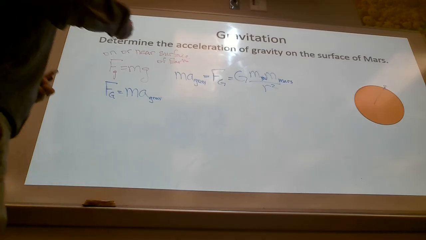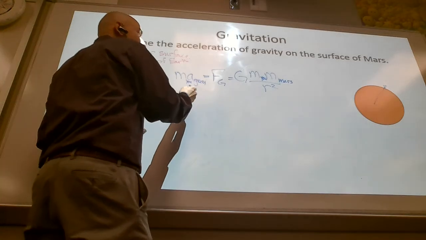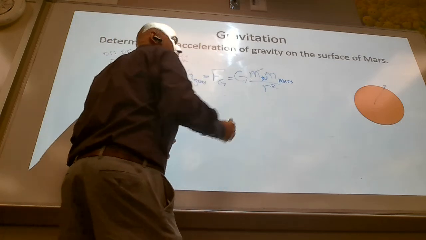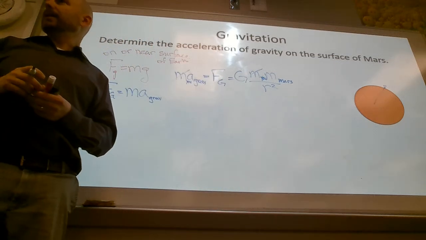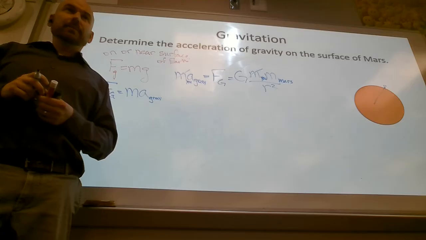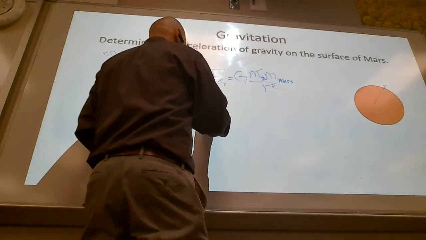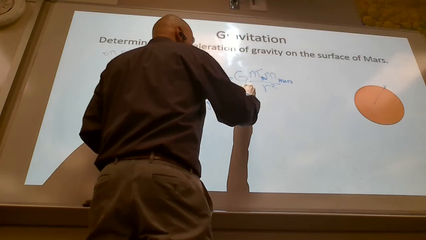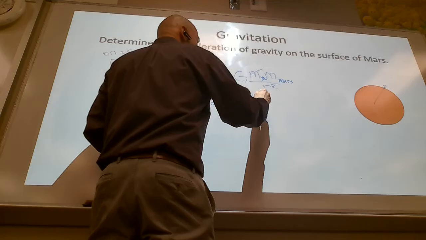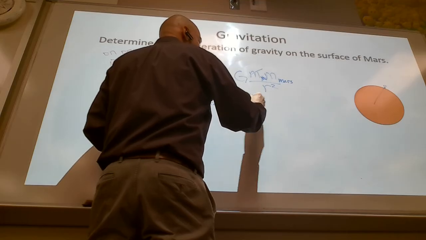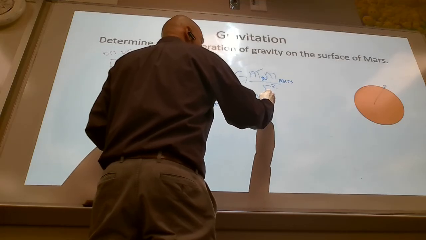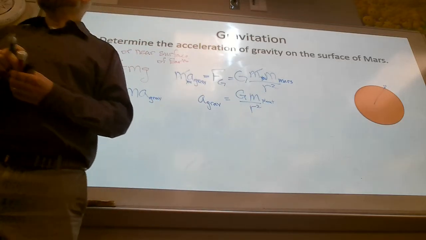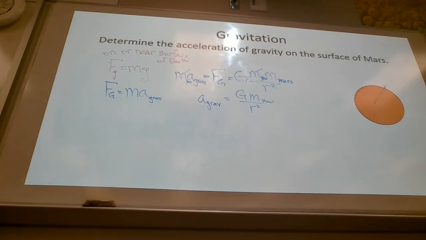Okay. So this is the mass of you, which mathematically is canceled out. So we get this expression for the acceleration of gravity anywhere in our known universe or on any planet. You okay with that? Okay.